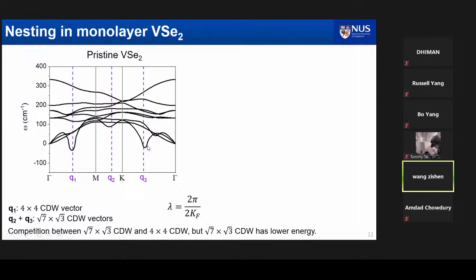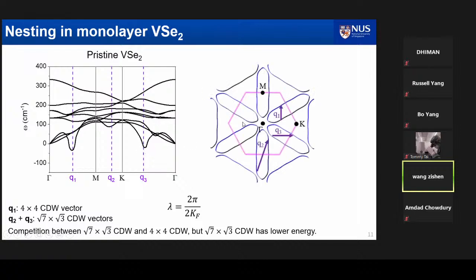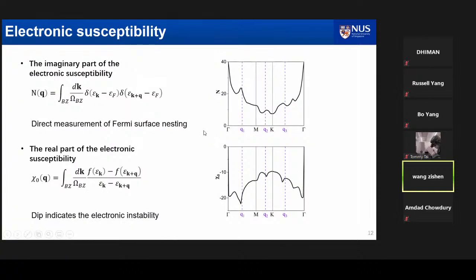To understand the underlying physics, Fermi surfaces are also calculated. As mentioned before, the electron pocket gives a good nesting condition for all 3 CDW vectors. And the Fermi surface nesting can be understood quantitatively by these two formulas. The first one is called the imaginary part of the electronic susceptibility. It is an integration of two delta functions in the first Brillouin zone, and it is a direct measurement of the Fermi surface nesting.